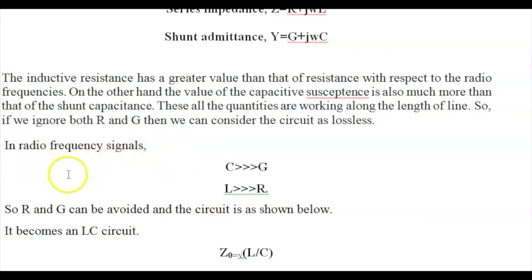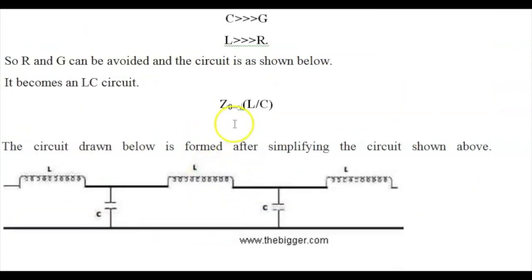And in radio frequency signals, capacitive susceptance is very much greater than G, and inductance L is very much greater than R. So this becomes an LC circuit where Z0 is equal to root of L by C. How are we getting Z0 equal to root of L by C?